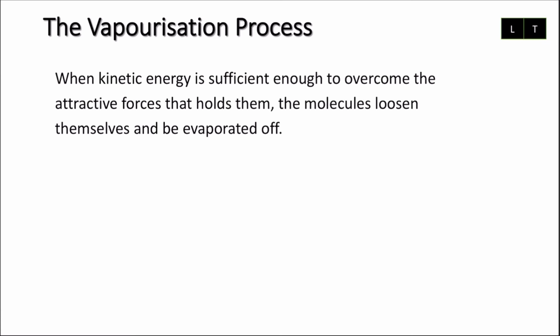Then, apabila kinetic energy dia tinggi dan mencukupi, dia boleh overcome the attractive forces yang memegang mereka. So attractive forces ni menghalang mereka untuk bergerak, tapi apabila dia ada enough energy, molecules itu akan loosen themselves and be evaporated off. So dekat sinilah perkataan evaporate ni contributes to another process, evaporation.